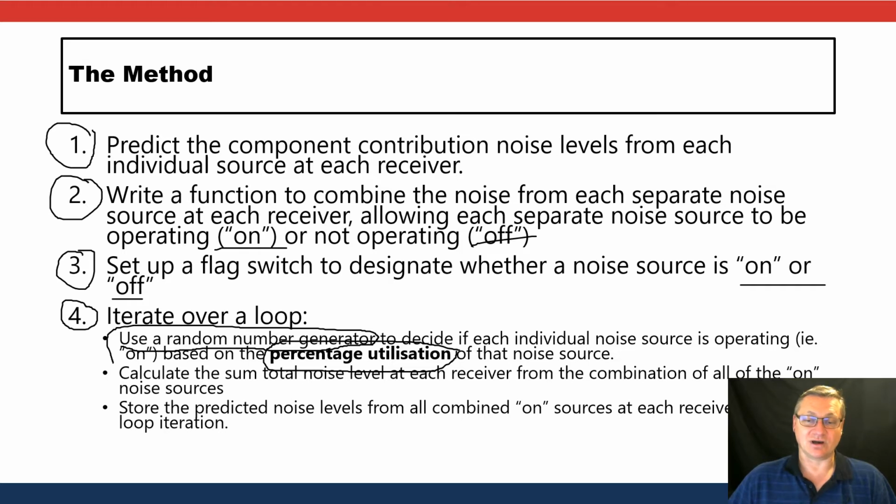How much time, what percentage of time is that noise source on compared to the total amount of time? And then you just calculate the sum total noise level at each receiver from the combination of all of the on noise sources. And you store the predicted noise levels from all of the combined on noise sources at each receiver for that loop iteration.